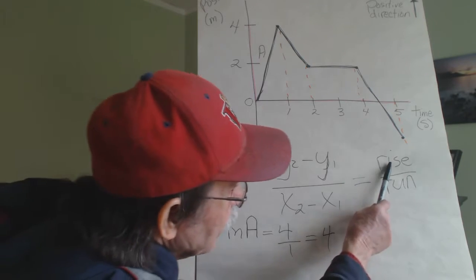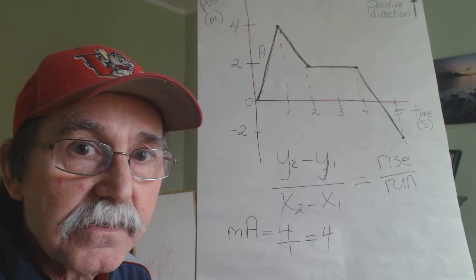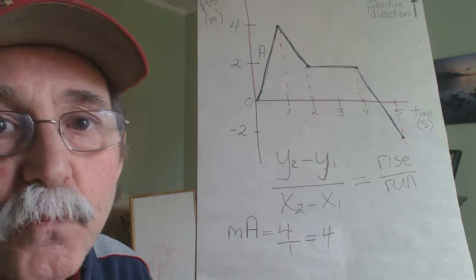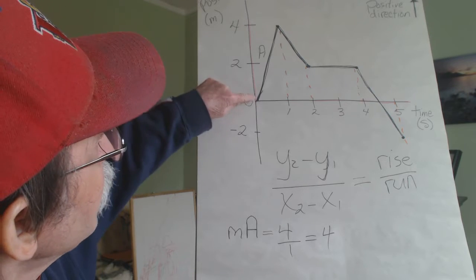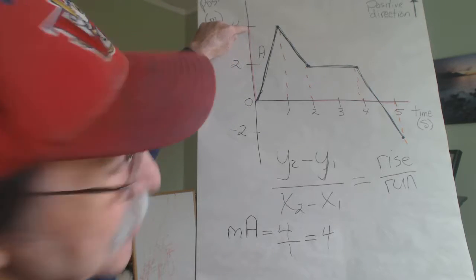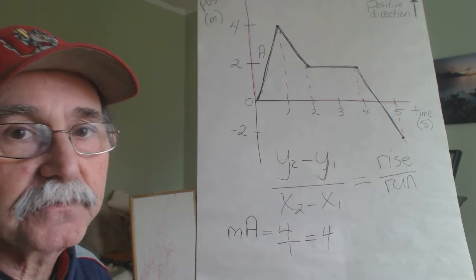So back here to rise over run. What is rising? Well, the position is changing, isn't it? Over time, the position is changing. And what are the units of position? Meters.